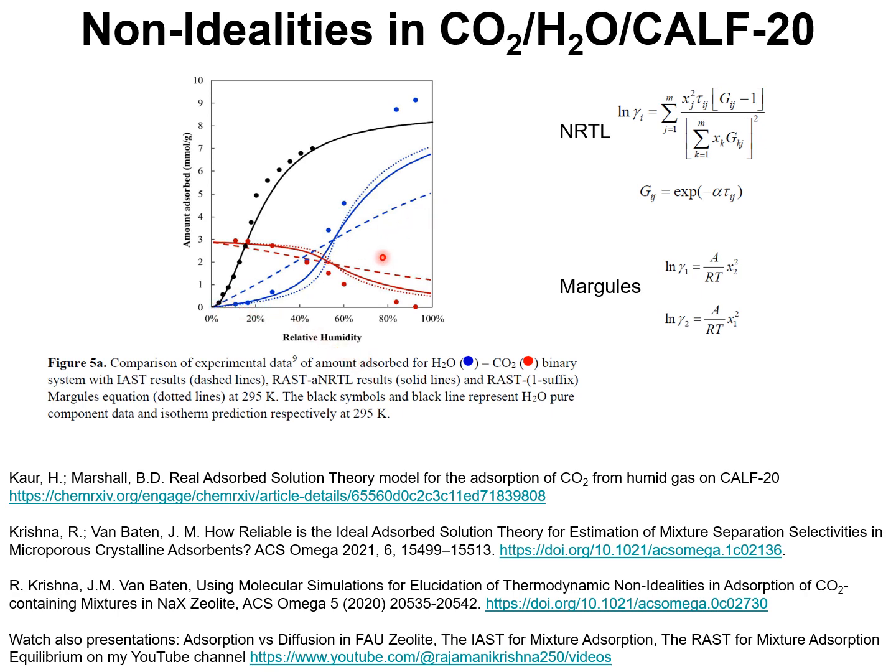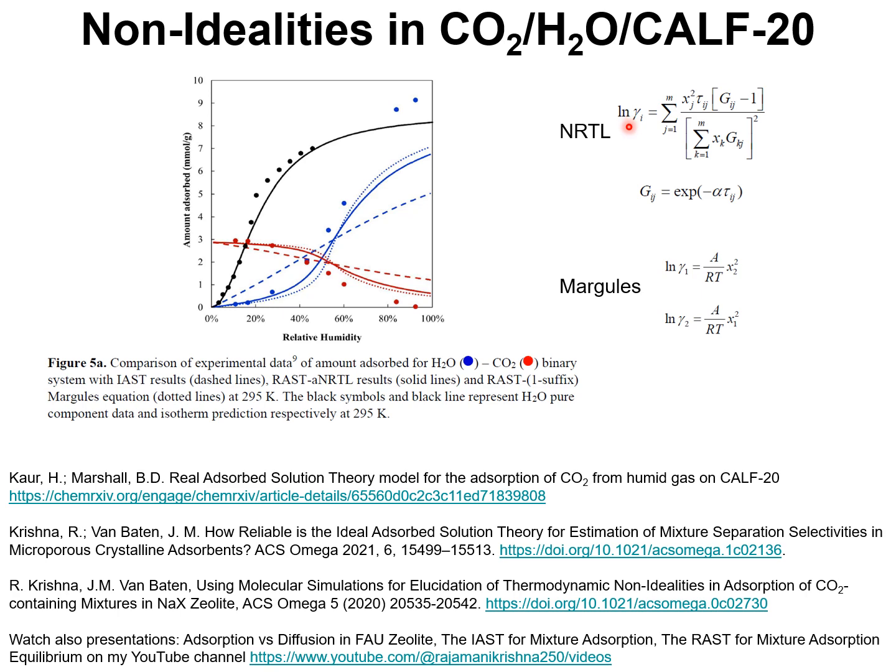The dashed lines are the loadings predicted by the IAST, and we note that the IAST is unable to provide a quantitative description of mixture adsorption equilibrium. The continuous solid lines are the RAST model calculations using the NRTL model for the activity coefficients.